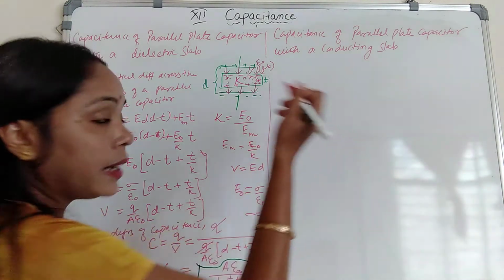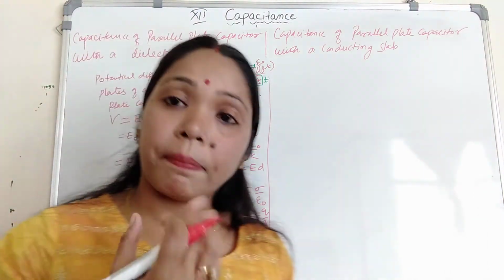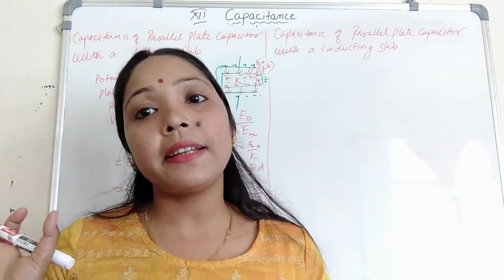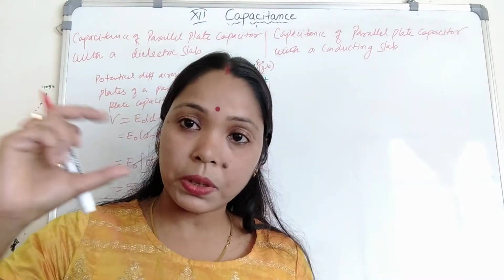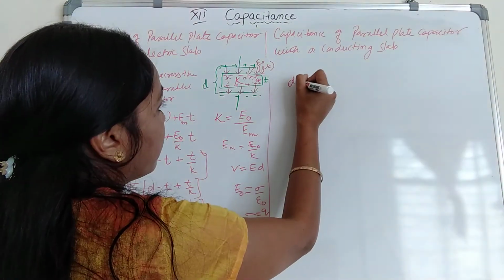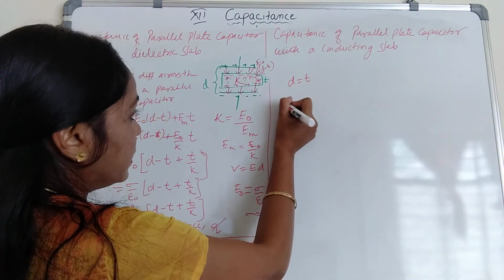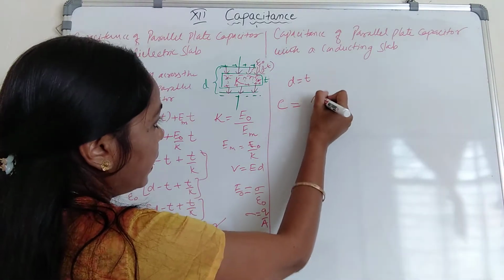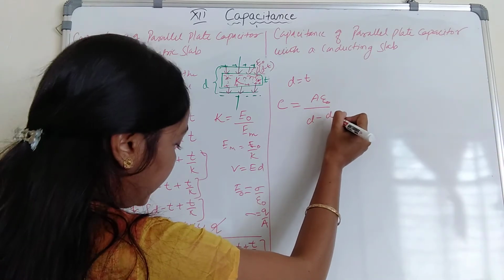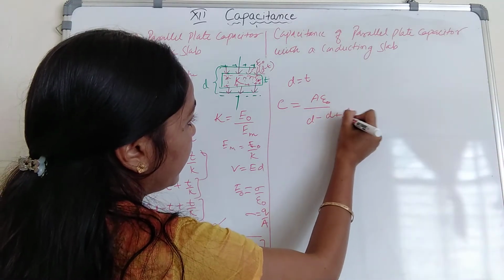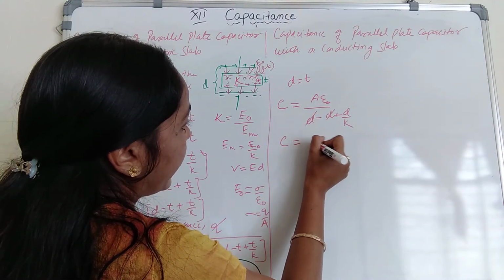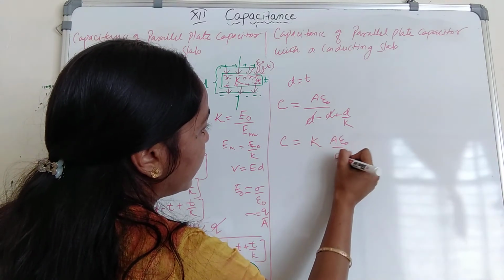If in the exam it asks what will be the capacitance of a capacitor if the thickness of the dielectric slab is equal to the distance between the parallel plates, that is d is equal to t, just write C is equal to A epsilon naught by [d minus d plus d by K]. So d gets cancelled. So C is equal to K times A epsilon naught by d.